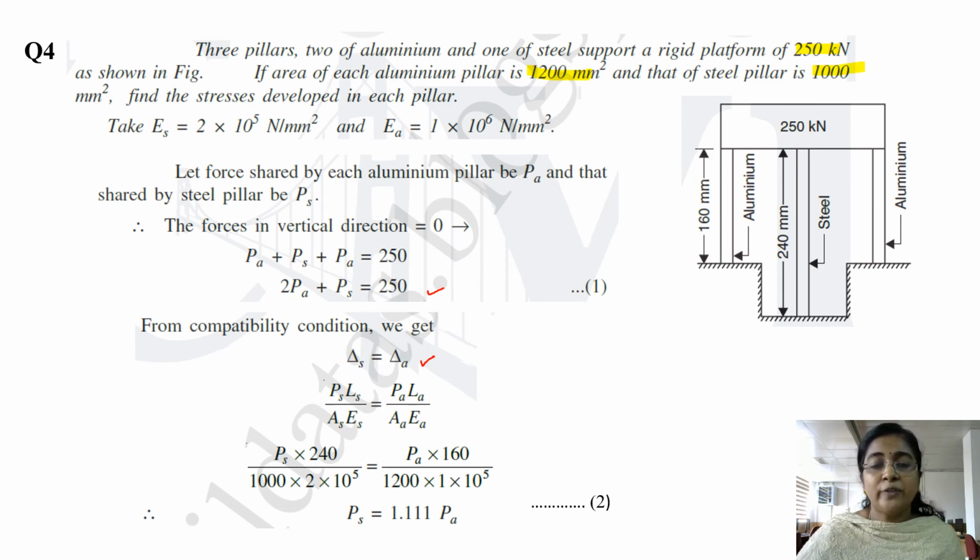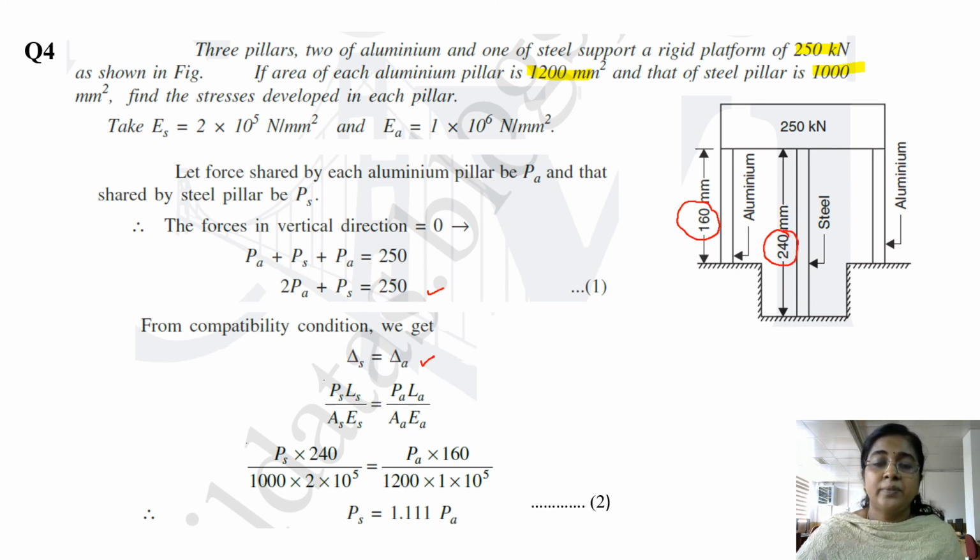Substituting the values of area, length as well as modulus of elasticities. The thing to be noted here is that, unlike the previous problems where the length of all members was the same, here aluminium is of length 160 mm and steel is of length 240 mm.